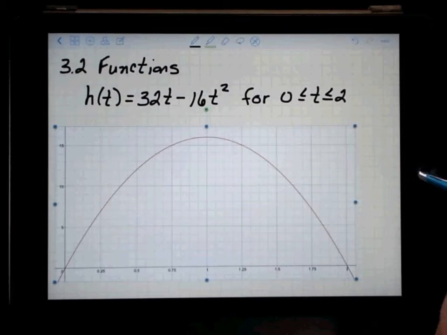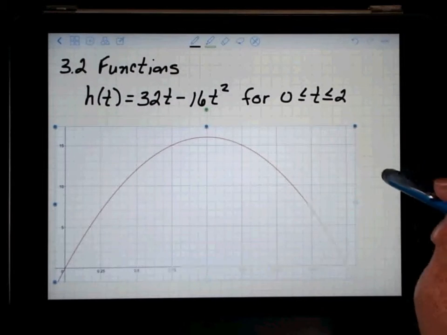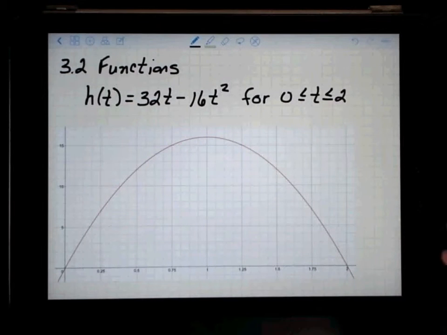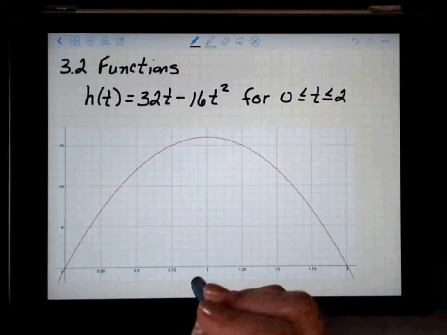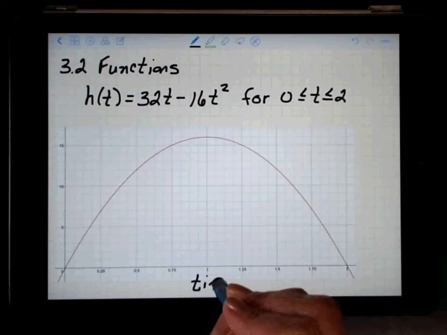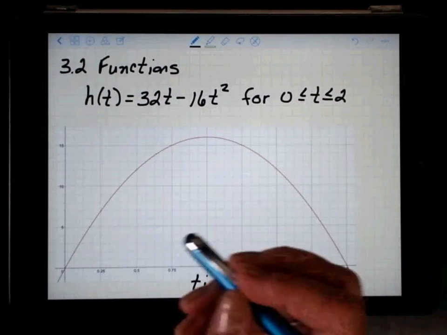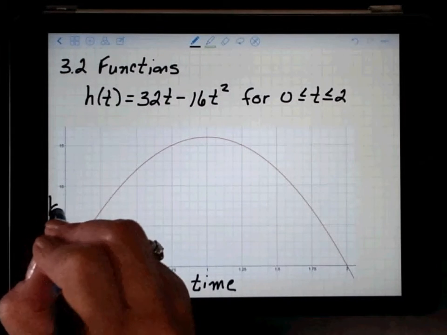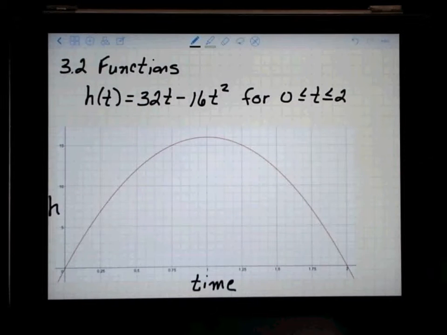So, now remember, this isn't the path through space. What this is, we've got time in seconds down here on the x-axis and height up here on the y-axis. But what shape did this make?